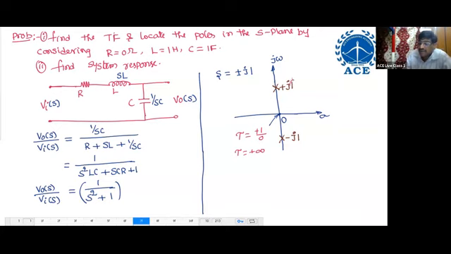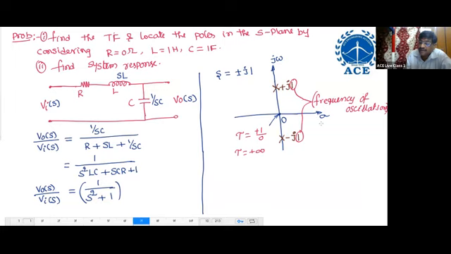The real part of the pole always gives the time constant. What is the significance of the imaginary part of the pole? The imaginary part of the pole gives the frequency of oscillation. What is the frequency of oscillation? 1 radian, it is omega n actually.